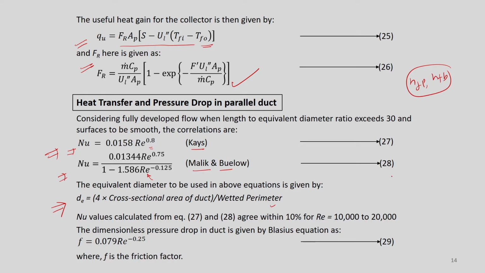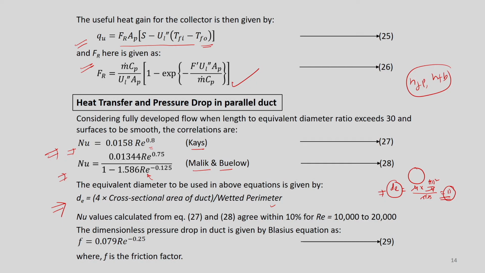For example, if we consider a circular duct, what will be the D_E here? 4 into the cross sectional area of the duct, which is pi d square by 4, divided by the wetted perimeter, which is nothing but pi into d. So the 4 cancels, and finally we get d. So for a circular pipe, the equivalent diameter will be the diameter of the pipe.